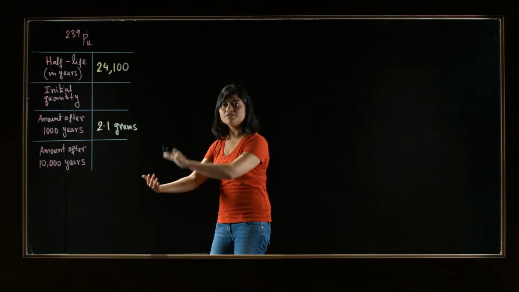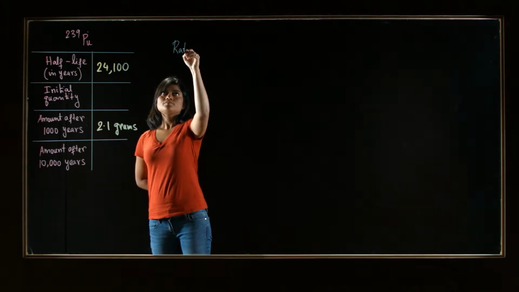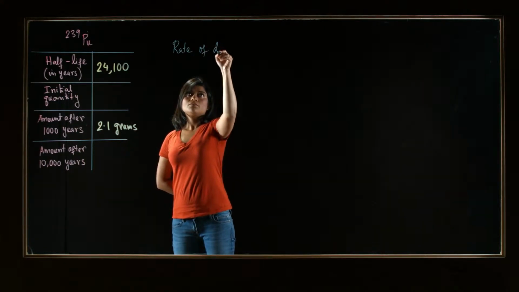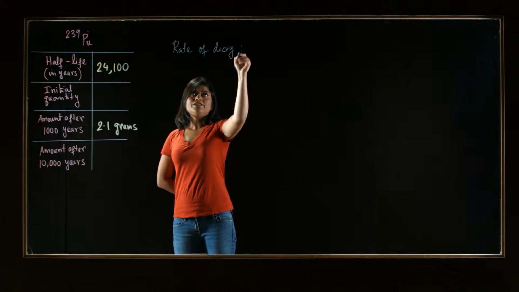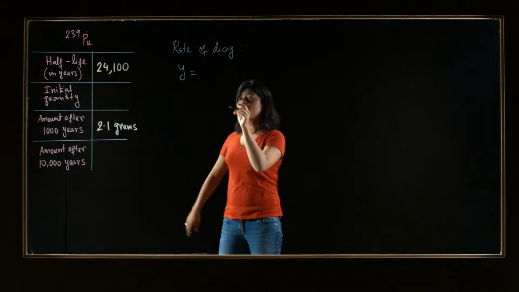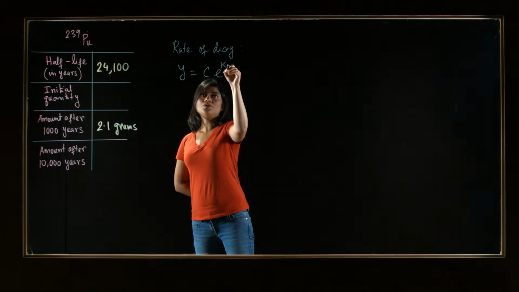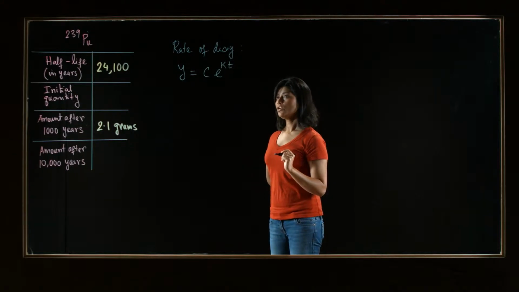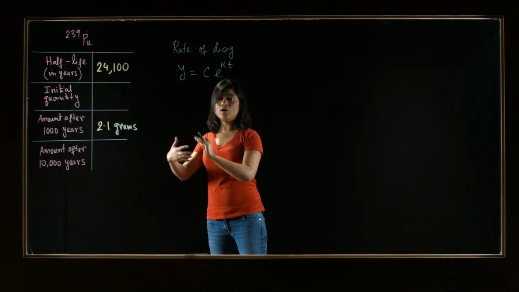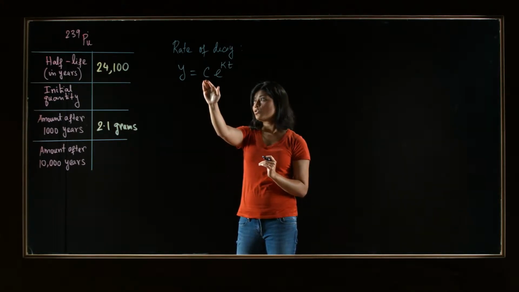Since this is a rate of decay, we know that it can be modeled by an exponential equation of the form y equals c times e to the power kt, where t is time, y represents the amount of substance remaining, and c is the initial quantity.